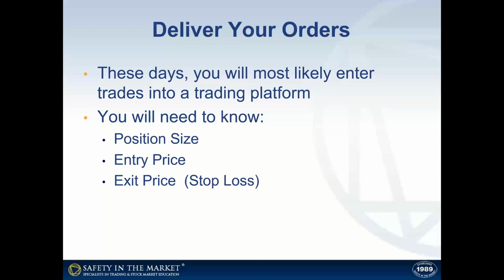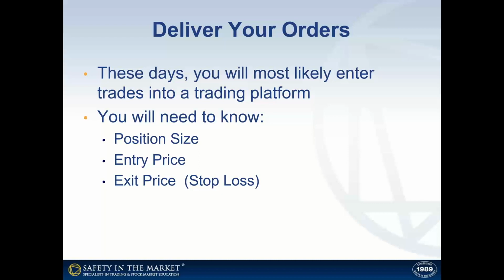That's very important. Before you click that buy or sell button to execute the trade, you've got to have that exit price ready to go. You never put your stop loss on later. All of this gets delivered at the time that you place the trade, because most traders will tell you that at some point in the market, you're going to take a trade, and as soon as you take it, it moves against you. We all go through it at some point, and sometimes it moves very, very quickly.